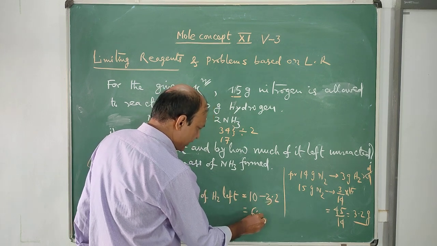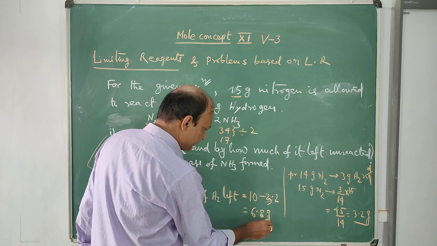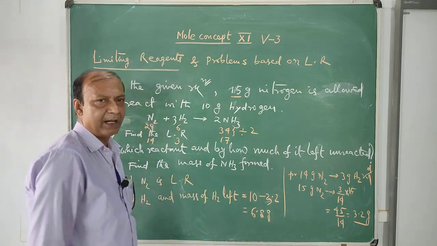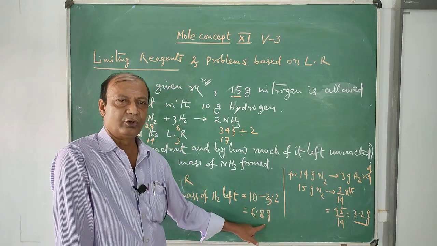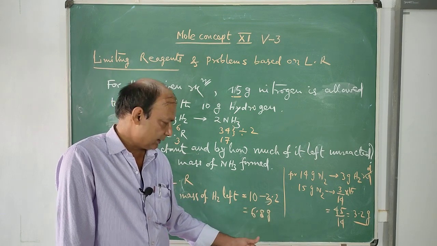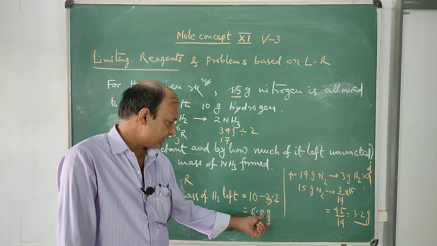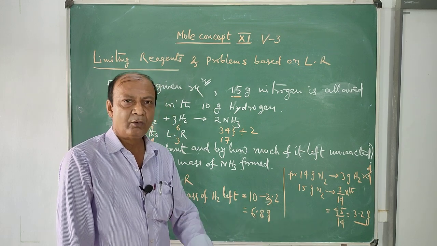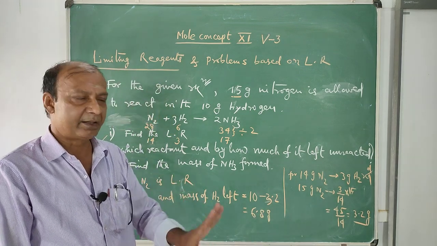Therefore 6.8 gram hydrogen will be left behind. So this is the excess amount of hydrogen. After the reaction is over, 6.8 gram hydrogen will remain there unreacted.